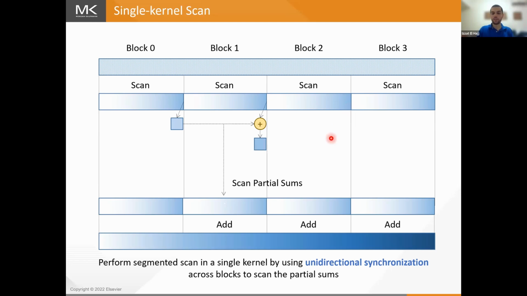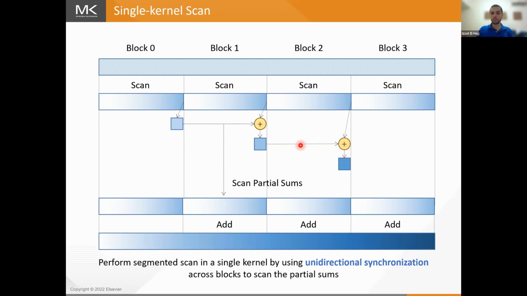So it'll sit there, and once this thread block has added these two partial sums, it doesn't have to wait for all the other thread blocks. It can go ahead and proceed with adding the partial sum of the previous thread block to its own values. The next thread block can do the same. It'll wait for the previous thread block to finish this addition, and once it's done, it'll take its own partial sum and add it to produce the partial sum of all three thread blocks.